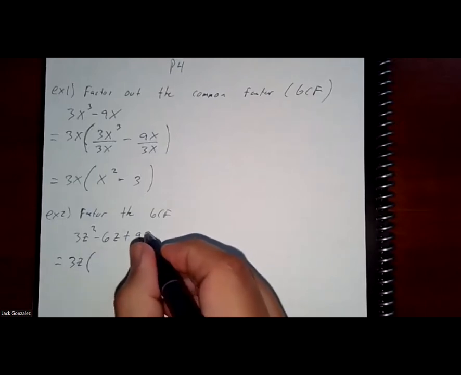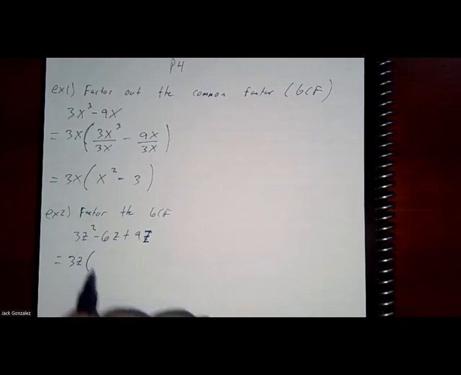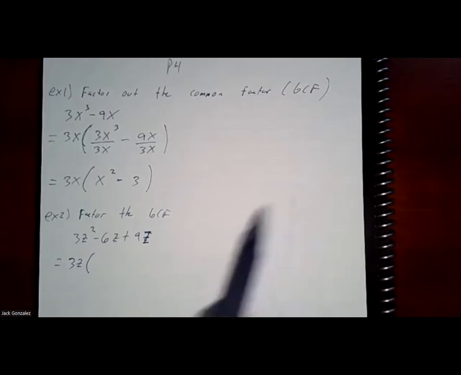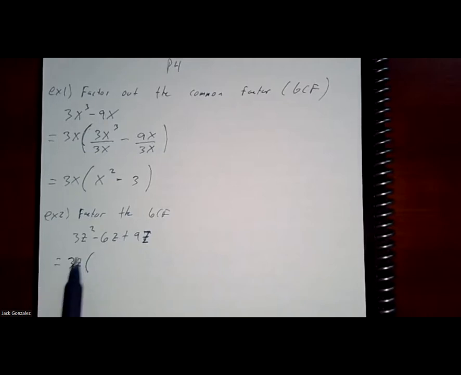So that's why I chose 3z as my GCF. So basically what you want to do when you start these is identify the GCF and then pull it out. Once you start factoring it, you're going to be dividing each term by that GCF.